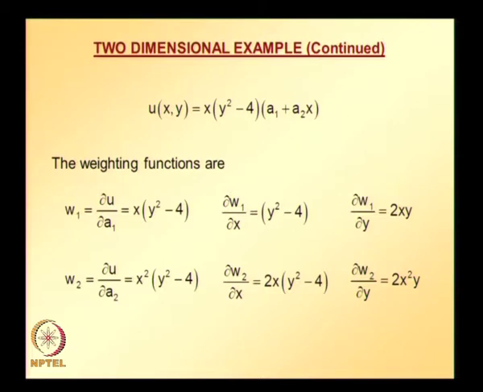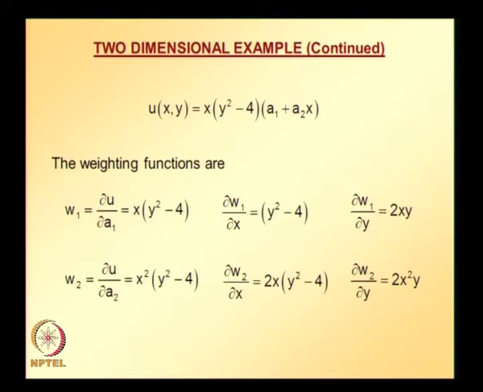If you see these equations of w1 and w2, it can be easily verified that these weight functions w1 and w2 are 0 along y equal to minus 2, y equal to 2 and x equal to 0. Those equations correspond to C1, C3 and C4, along which essential boundary conditions are specified.